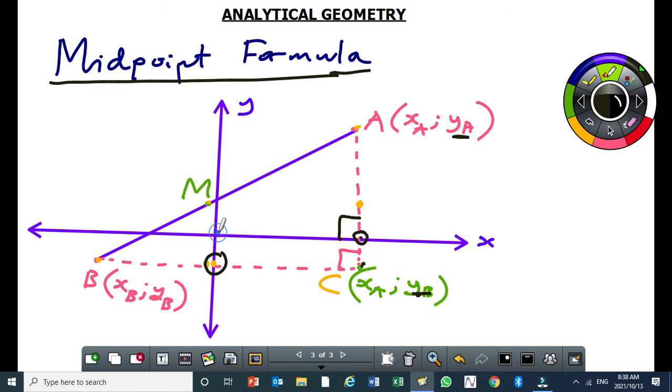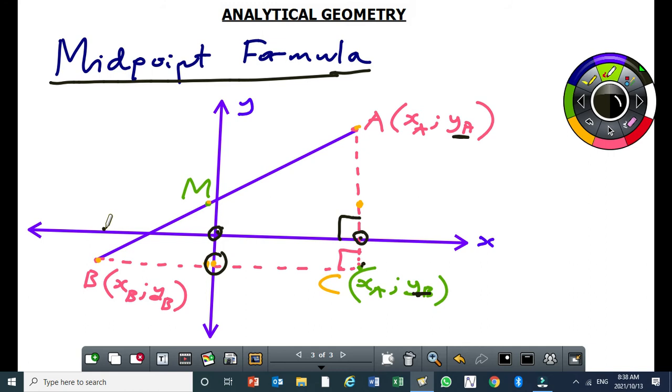It also starts from the origin up to there. Do you get that? And then XB starts from here up to point B. It also starts from the origin up to a point on the same line, which, if that line is parallel to the y-axis, will be somewhere there. So again, if I want to calculate the midpoint of BC, it will be equal to XA plus XB all over 2.